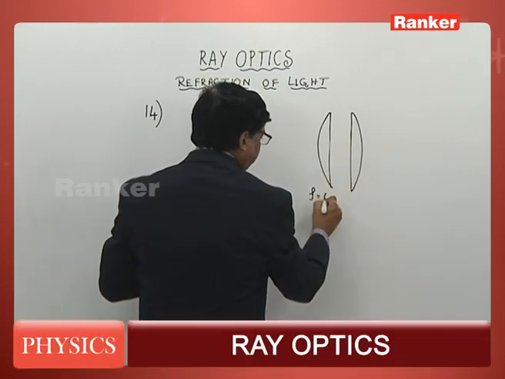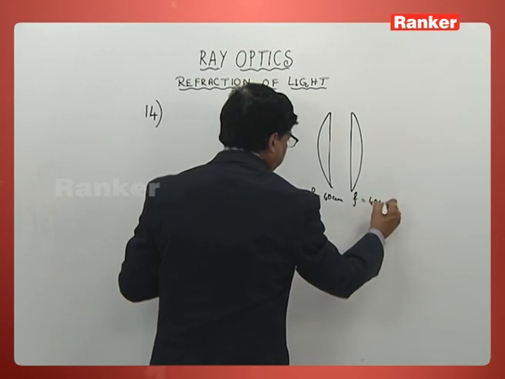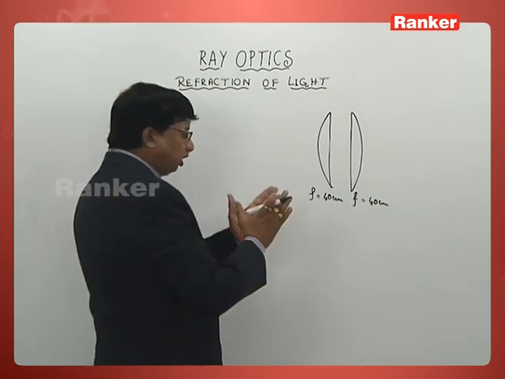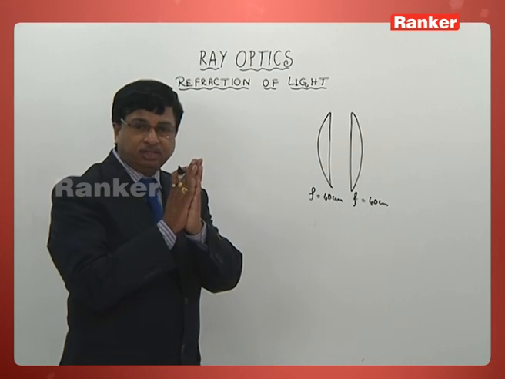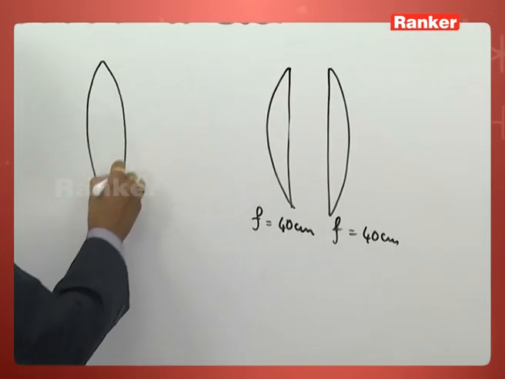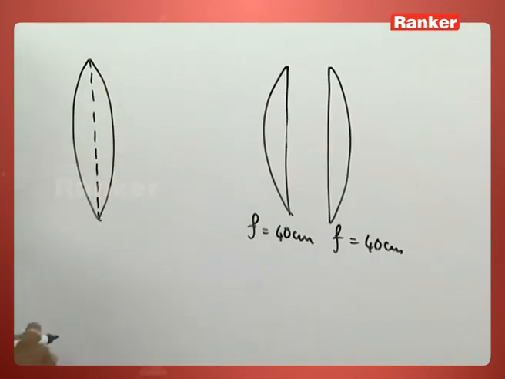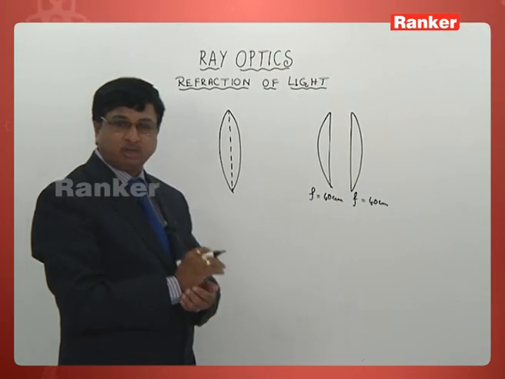This focal length is given 40 centimeter, this focal length is given 40 centimeter. Both are now pressed one against the other so that we get a complete convex lens like this of certain focal length.